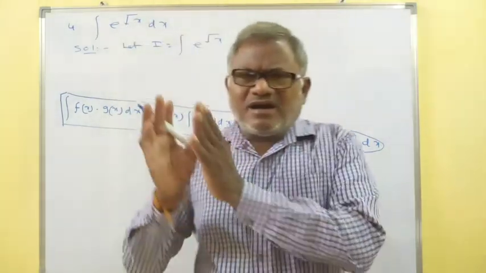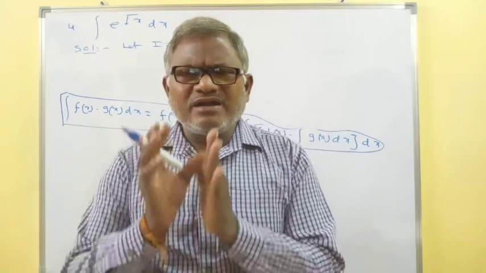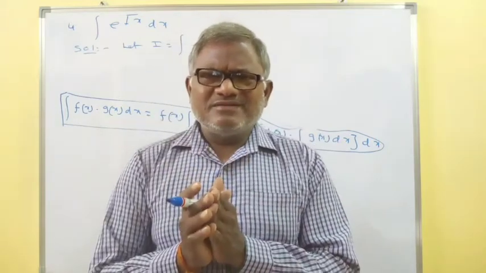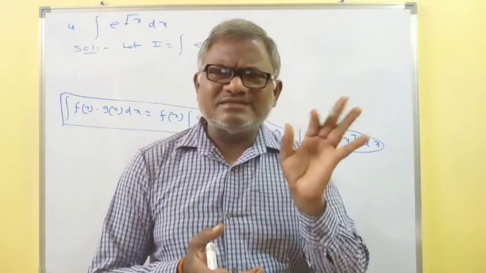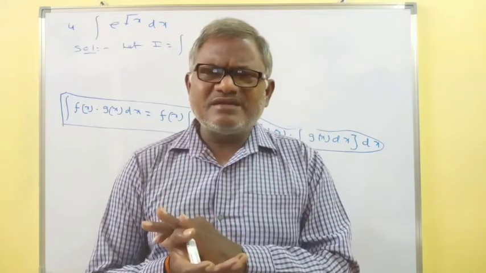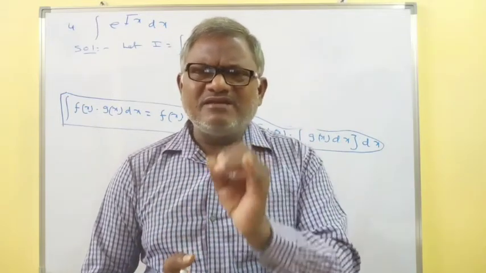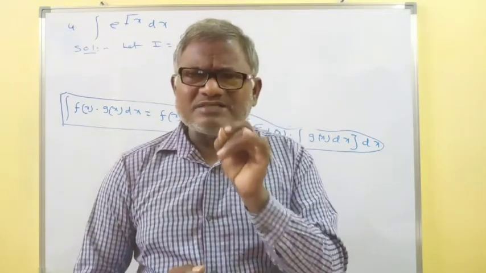So, keenly observe this one. What we have to find? Integral value of e power root x dx. What is our known one? Integral of e power x dx. What is the integral of e power x dx? E power x. For the e power x function, integral value is e power x. But here in place of x, what is the function?